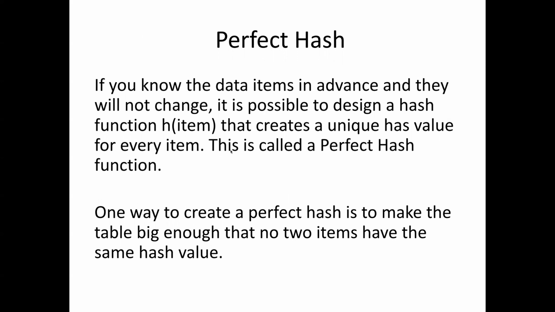There's no collision in a perfect hash. As long as your input data is more than the total maximum number size, you are guaranteed to have a collision, unless you have a table big enough to hold each item in one slot, right? No two items have the same hash value.